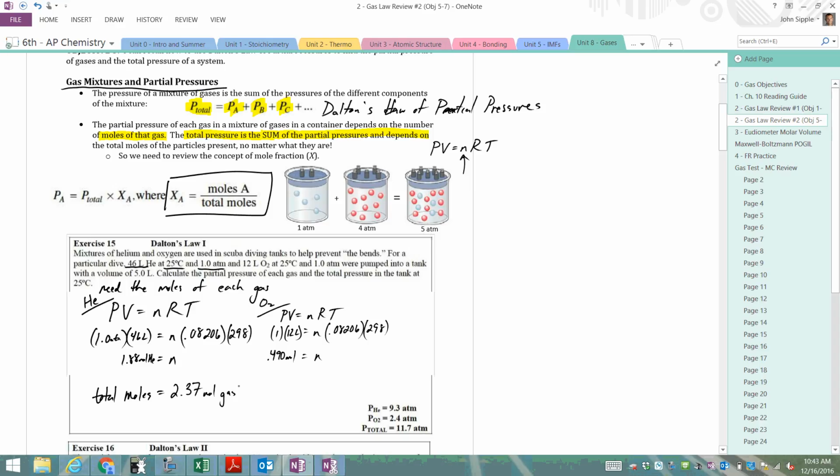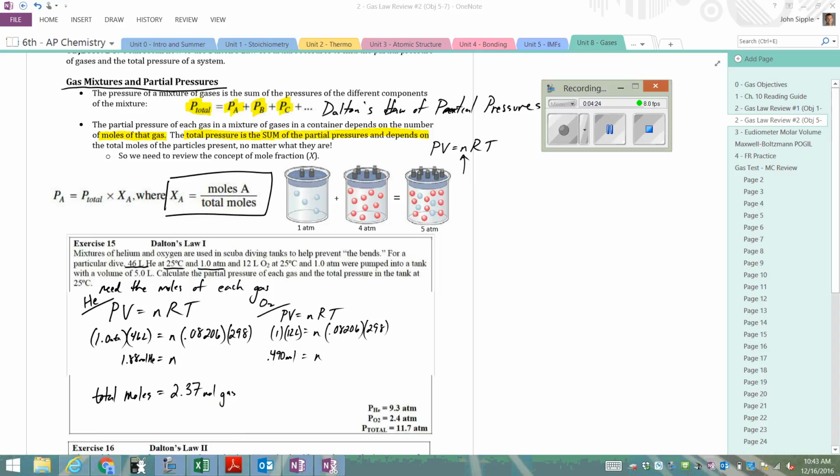Now we can use the mole fraction to solve for the partial pressure of each individual gas. But we still need to know the total pressure in our tank that we filled with the helium and oxygen.